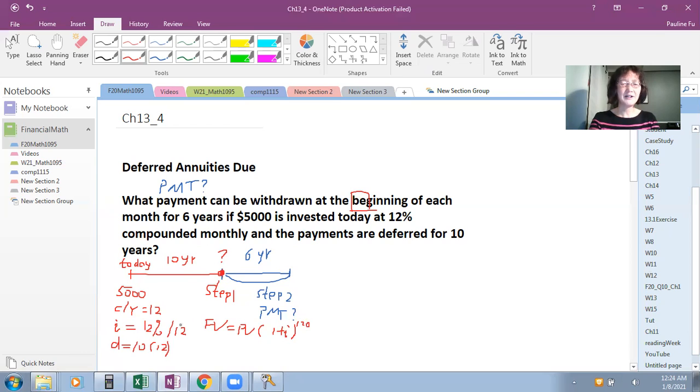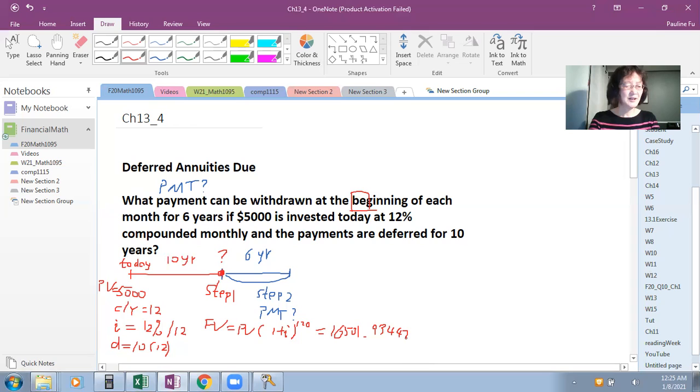Okay, so you know I is 12% divided by 12. PV is 5,000. Plug in the given number, you will get the future value, 16,501.93447. So we get future value.